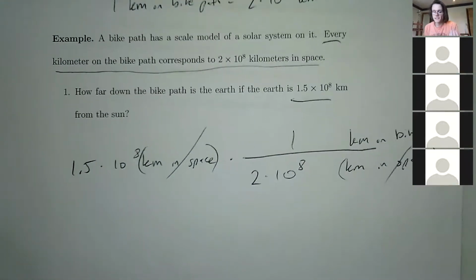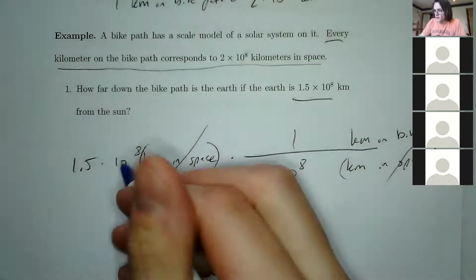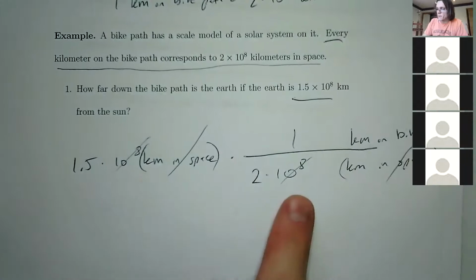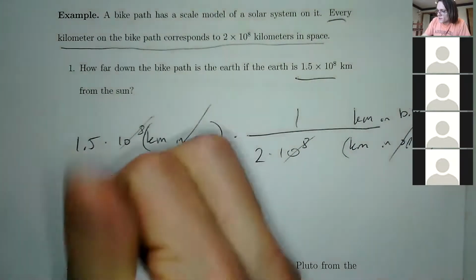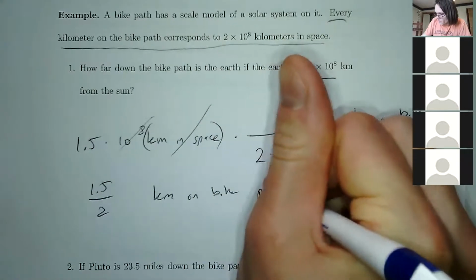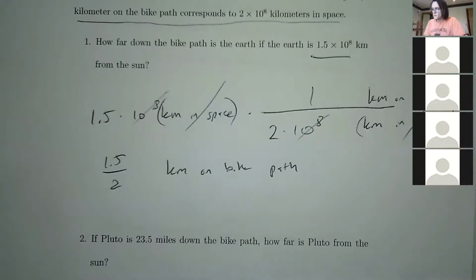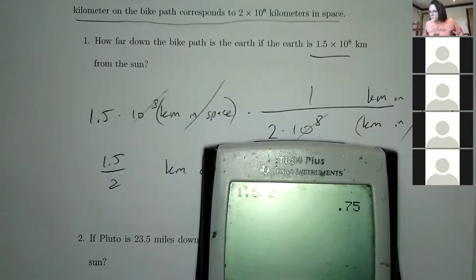Since everything's in scientific notation, the 10 to the 8s just immediately cancel as well, because I have 1 on top and 1 on the bottom. So I have 1.5 over 2 kilometers on bike path. If you wanted a decimal version, you could just plug it in your calculator. 1.5 divided by 2 is, oh, it's 3/4.